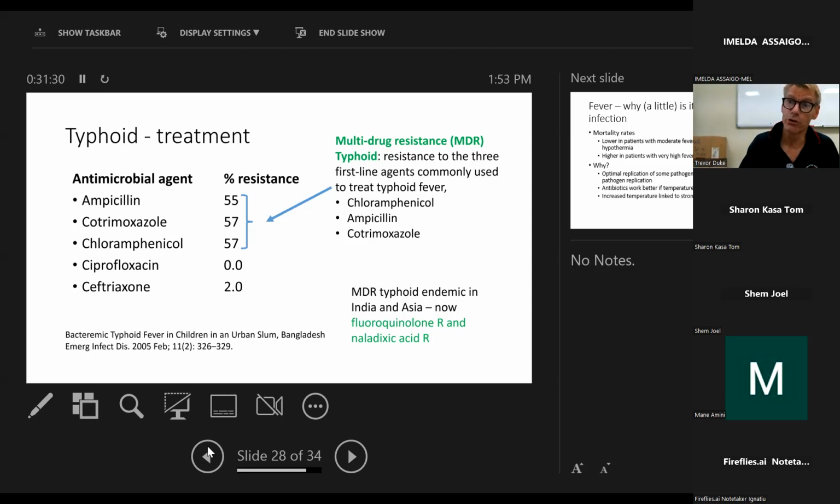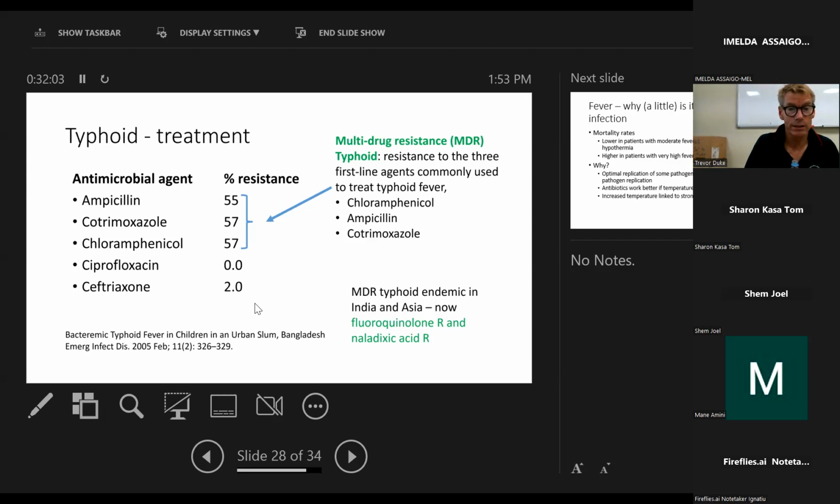So then you've got to use ciprofloxacin or ceftriaxone, because the typhoids are mostly still sensitive to those. There is zero resistance to ciprofloxacin, for example, in Bangladesh and in PNG. So the first line treatment is no longer very effective, and we have to use those other ones. In some parts of Asia, like India, we're even getting fluoroquinolone resistance, like to ciprofloxacin. That's a worry with typhoid, so we need to be careful.